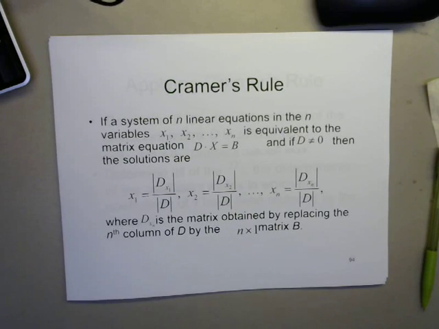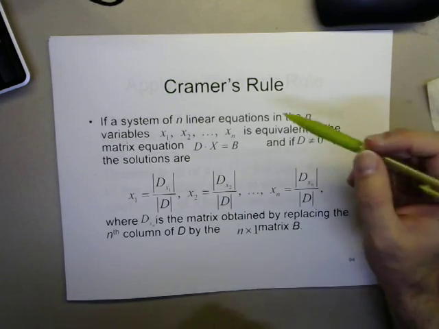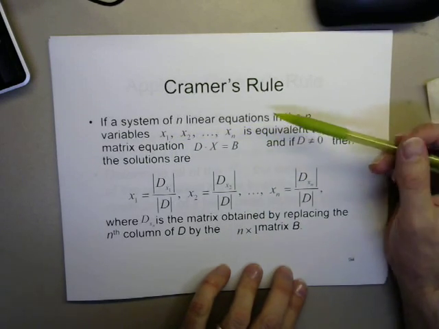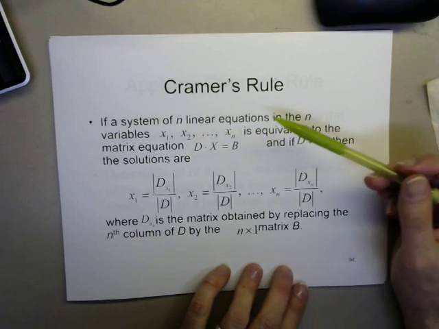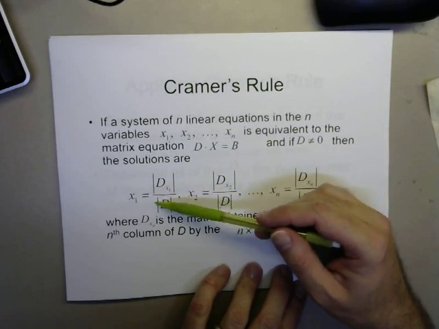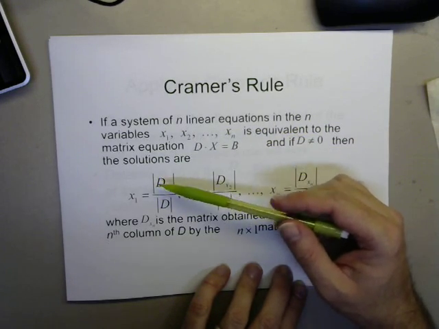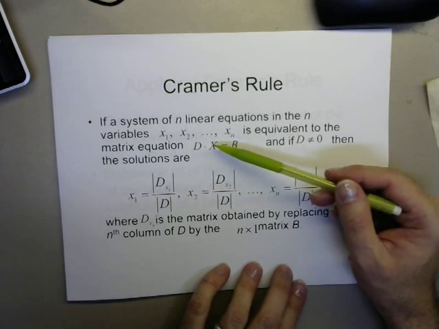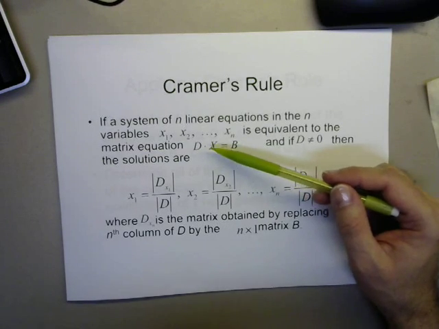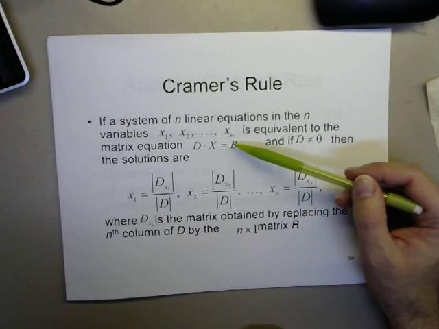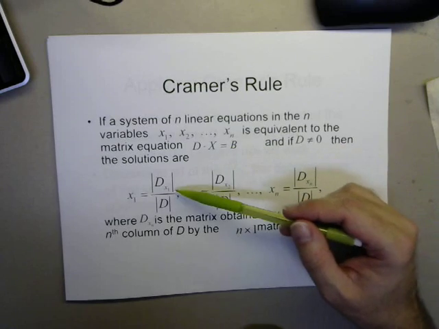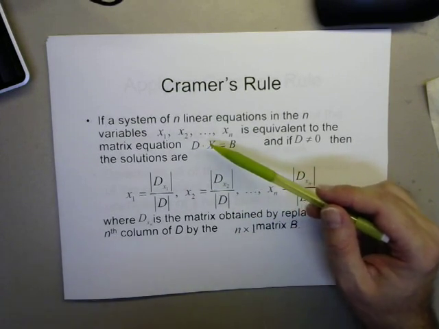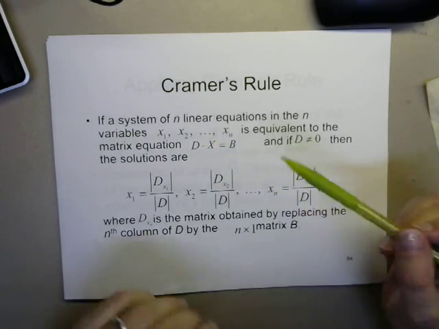So basically, what Cramer's rule says is that if you want to solve a system of equations that has n variables, what you can do is calculate the determinant by taking the matrix that you're looking at and replacing the column with the values over here and calculating that, and then divide by the determinant of the augmented matrix here.